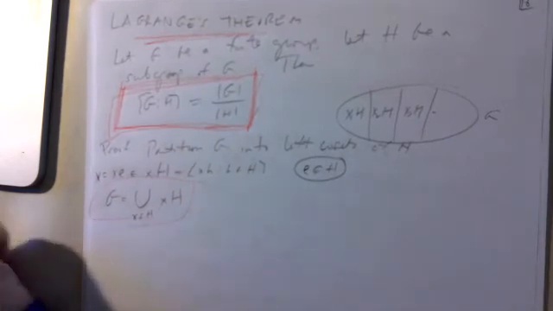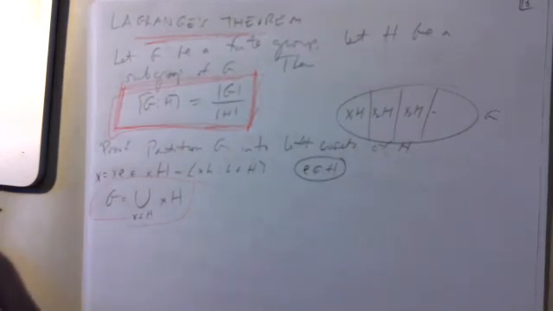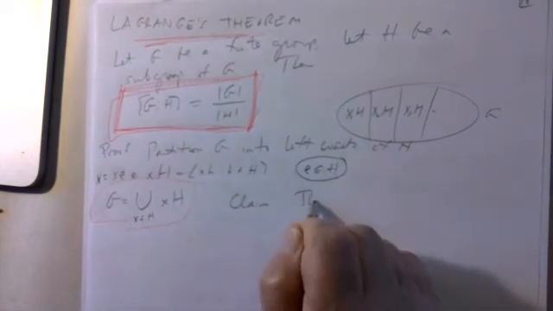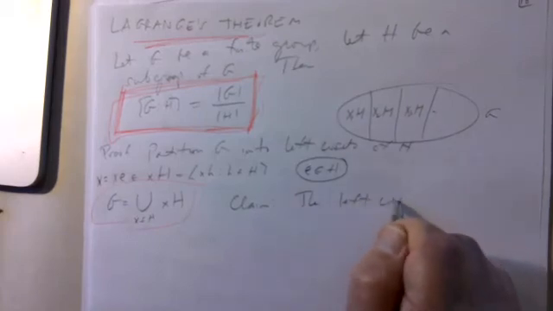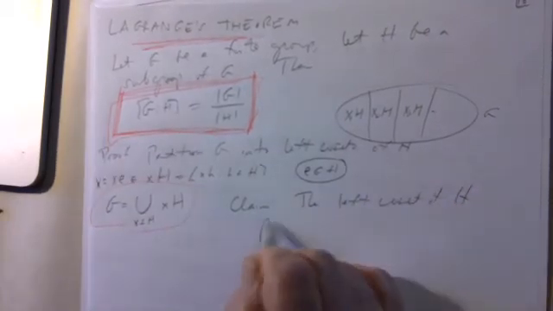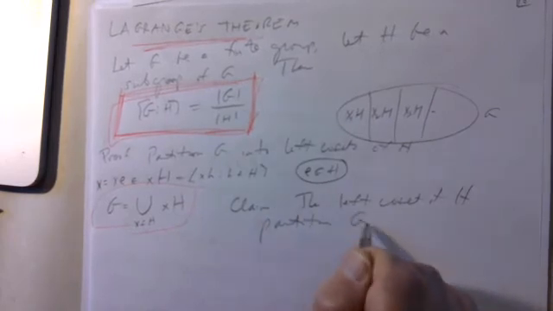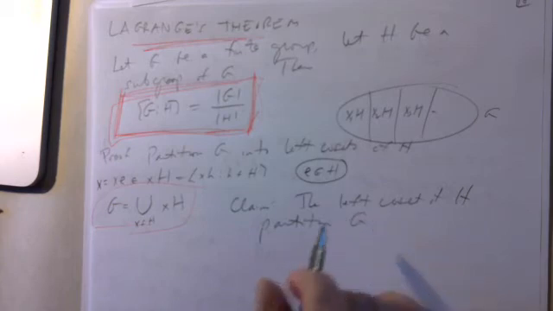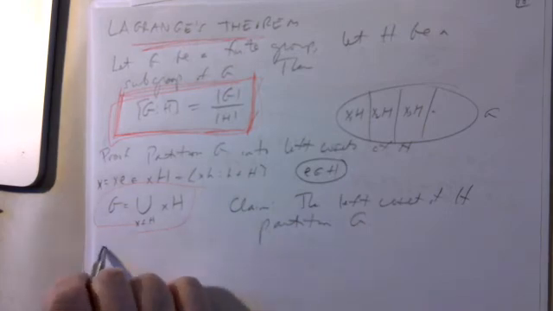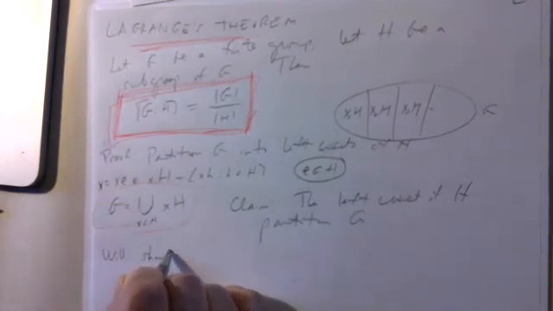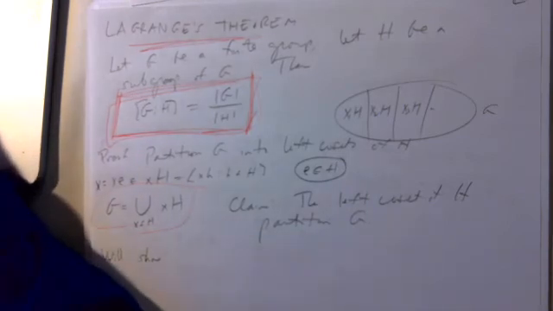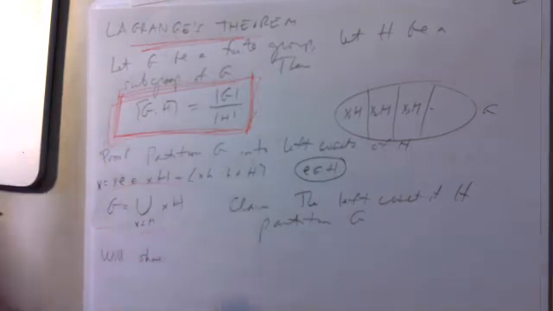But of course, one element can be in many left cosets. And I claim the left cosets of H partition G. And the way I'm going to show that is I will show that if one left coset intersects another, then in fact they're equal.